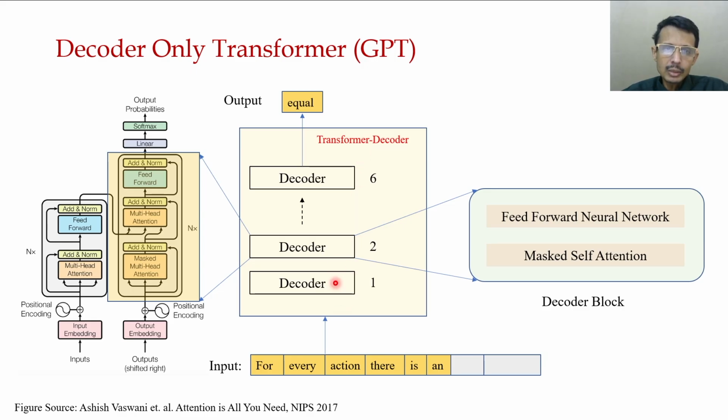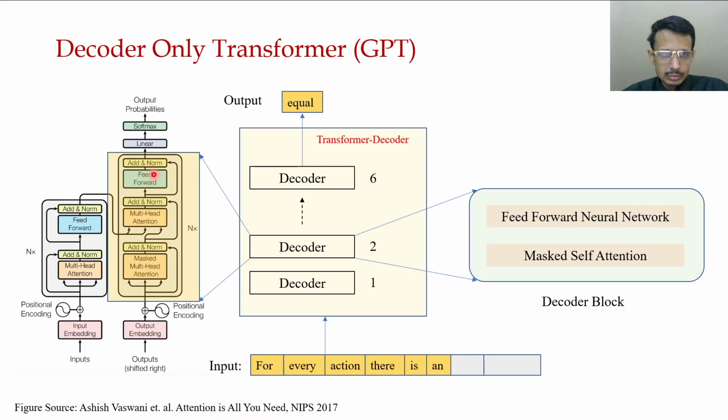So a series of decoders is given here as part of this decoder only model. And every decoder is basically the transformer decoder of the actual model proposed in the paper Attention Is All You Need.